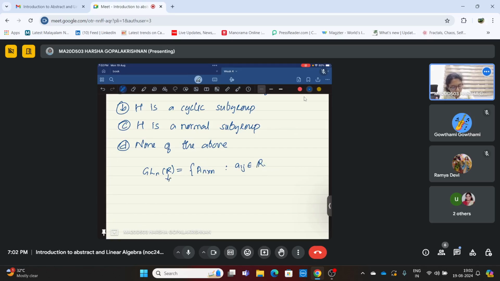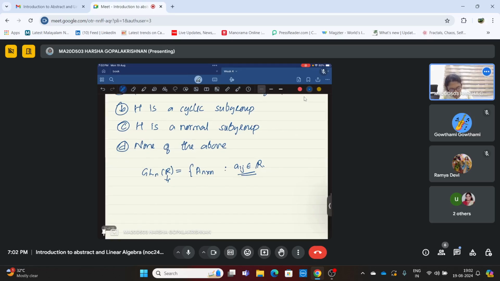Since it is R, they come from real numbers. If it is C, then a_ij will come from C. That is the only difference. And n corresponds to the order of the matrix A, n by n, such that the determinant of A is non-zero. That is the set of all invertible n by n matrices, the general linear group on n letters over R.